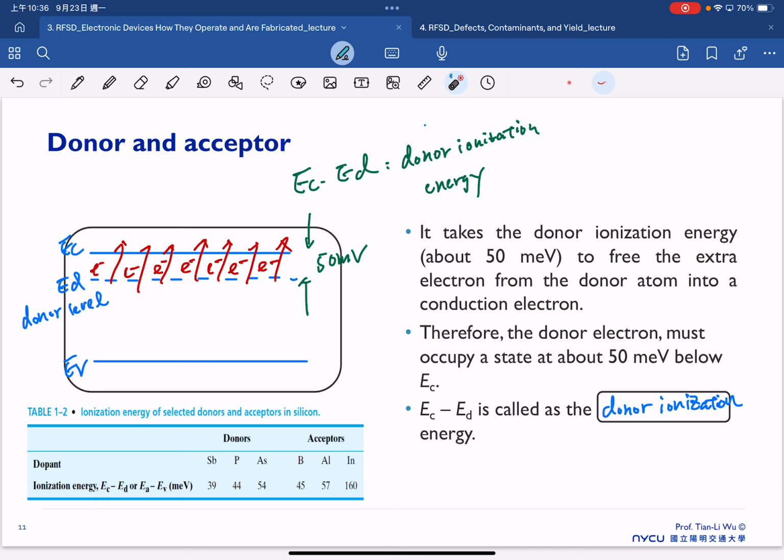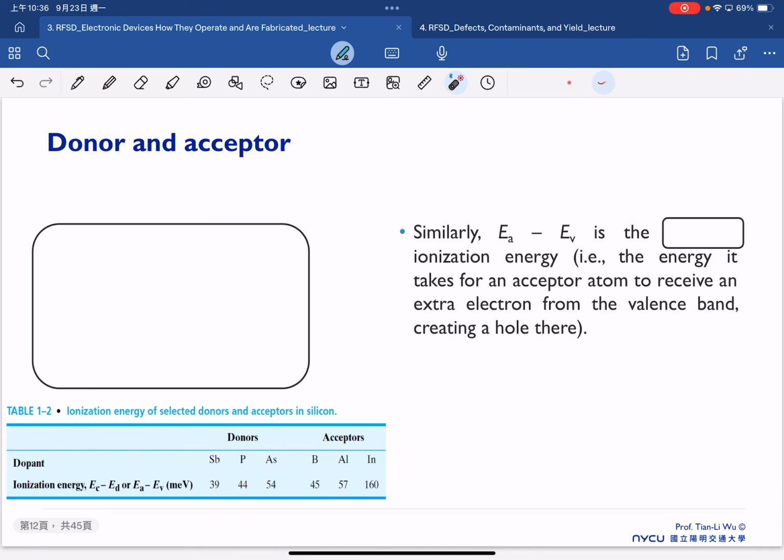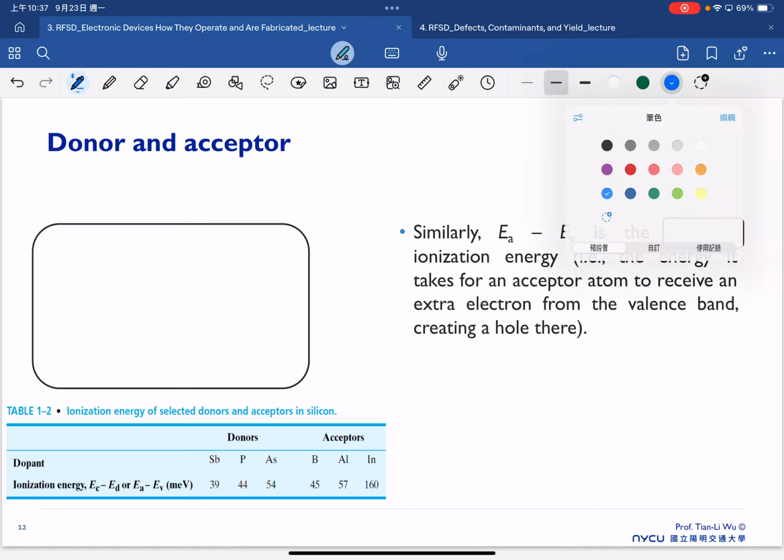So here we won't talk about what the actual concern is in the case of wide bandgap. Just to let you know that everything can be quantified by considering the band diagram, by considering the energy levels inside the band diagram. And on the other hand, for sure we have the acceptor. So still the same.